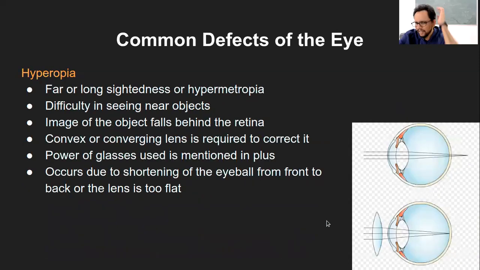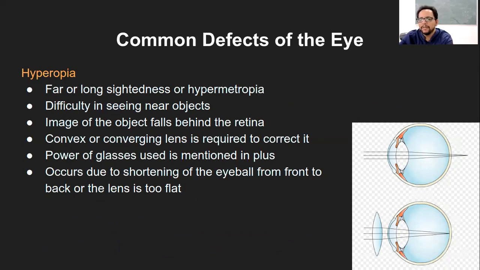And exactly similar to this is hyperopia, which is farsightedness, or what we call long-sightedness. It is also called hypermetropia. It is actually difficulty in seeing near objects. So you can see things at a distance, but you cannot see objects which are near. And again, why does this happen?